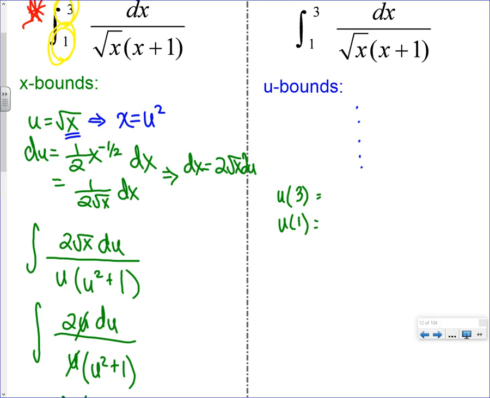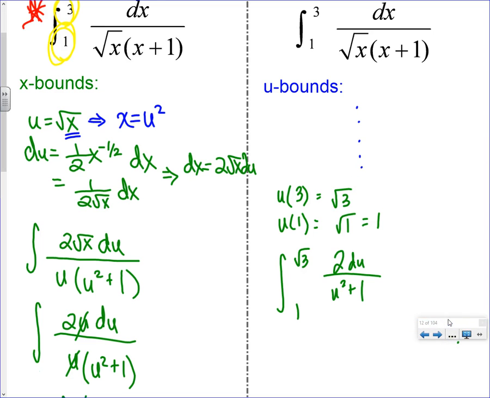If I'm going to write numbers in this integral as my bounds, I need them to be u's. So I say, okay, u is square root of x, so plug in 3. U is square root of x, so plug in 1. So at the end of the day, I'll end up with 1, the lower bound, to root 3, upper bound, of 2 du all over u squared plus 1.